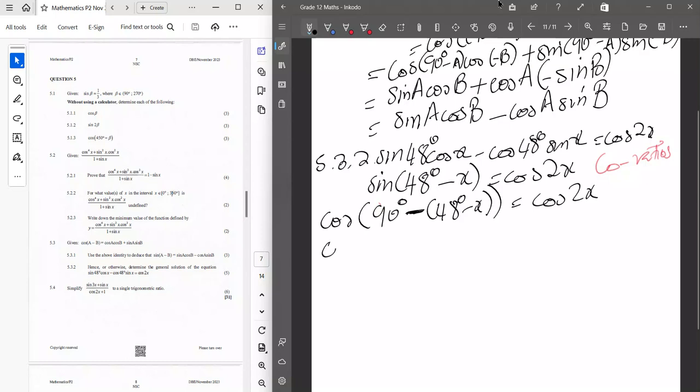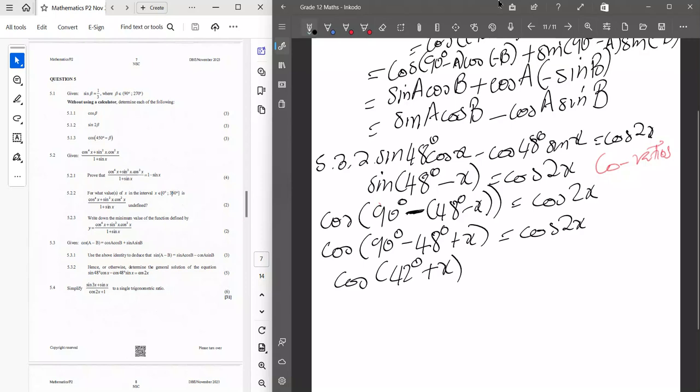This then becomes cos(90 degrees minus 48 degrees plus x), remember BODMAS, is equal to cos 2x, right? So this is 42. This is cos(42 degrees plus x) is equal to cos 2x.